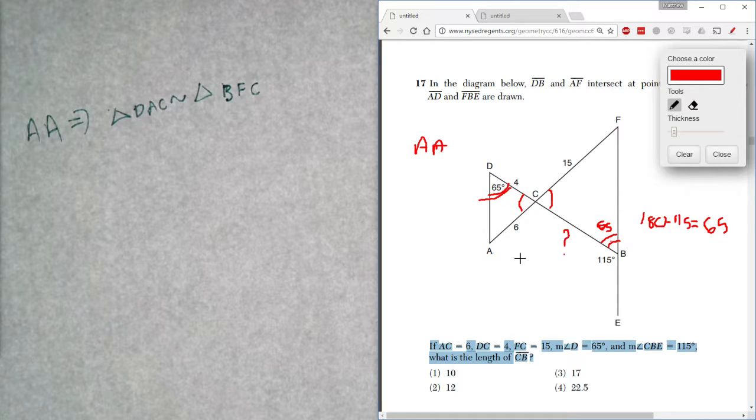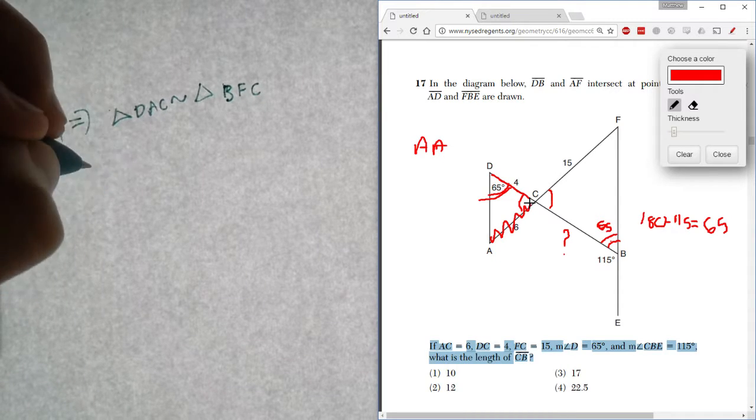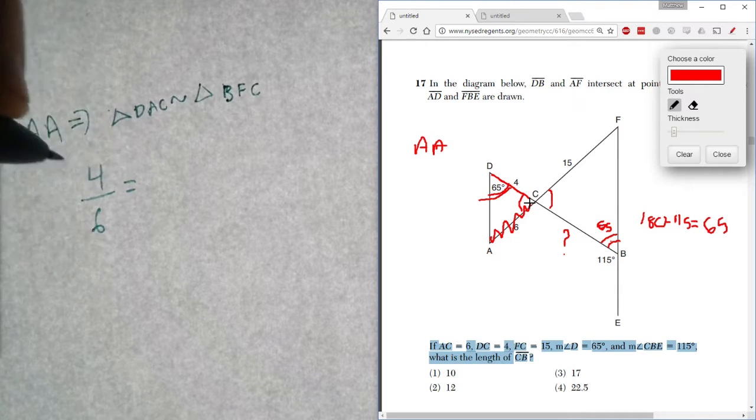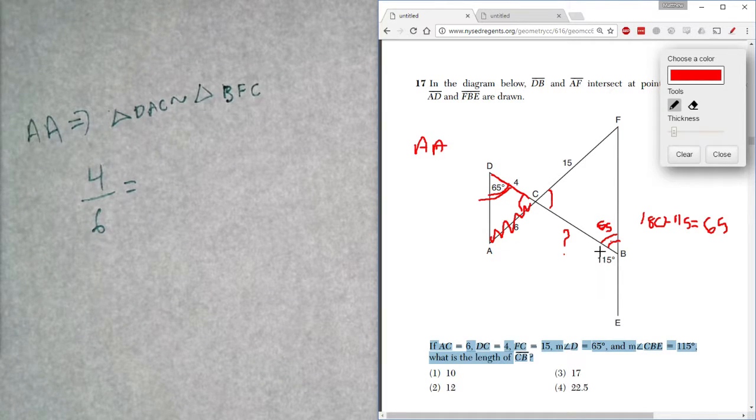And that's all that I need to be able to use my equal fractions on here. So I can say, all right, 4 over 6, 4 is side DC, 6 is side AC. 4 over 6 should be equal to the corresponding fraction that I have over here. Well, 4 is opposite from 65, and my 6 is my bigger side. So opposite from this 65 should be that corresponding side.